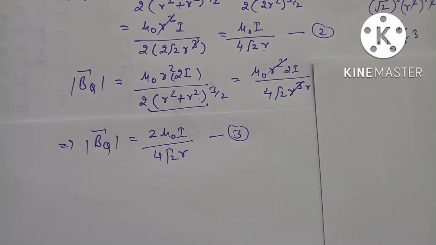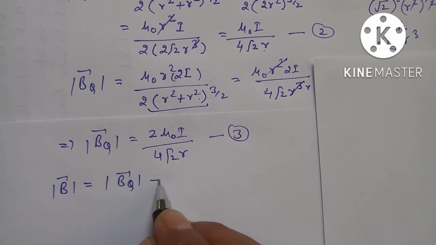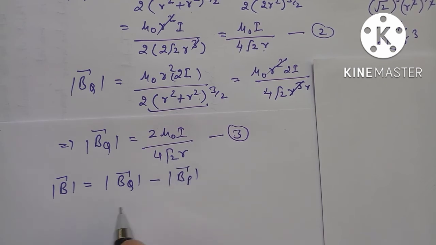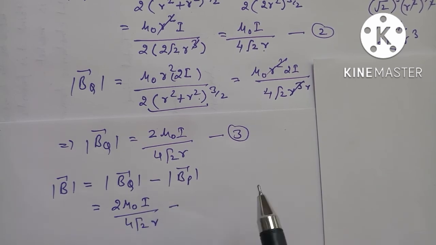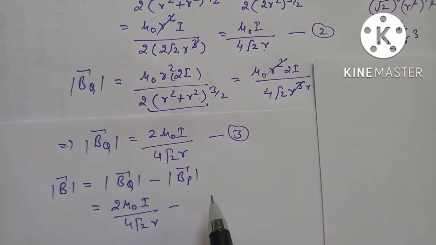Now we are going to calculate the net magnetic field at point O due to the two coaxial loops P and Q, and let it be given by B vector. This is equal to mod of BQ vector minus mod of BP vector, and it is equal to BQ, which is 2 mu naught I over 4 root 2 r, minus BP, which is mu naught I over 4 root 2 r.